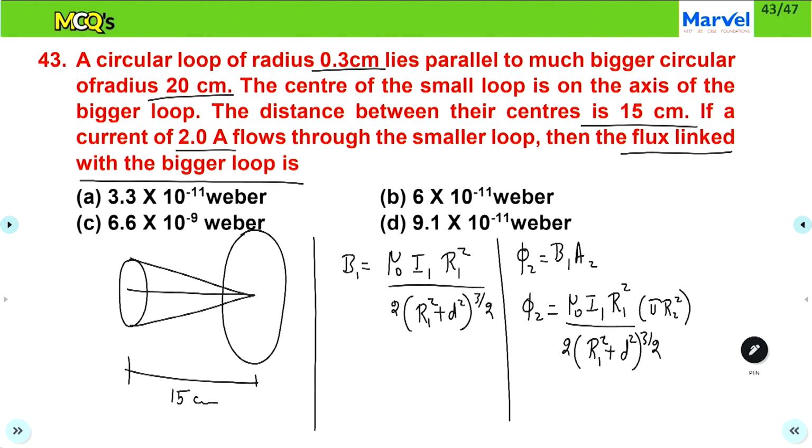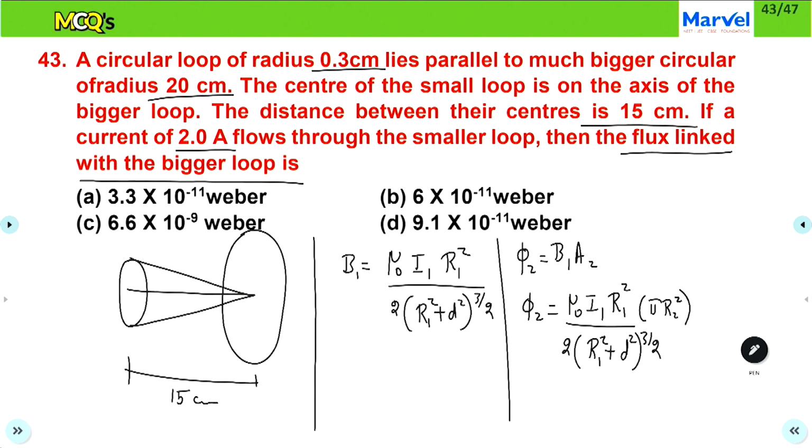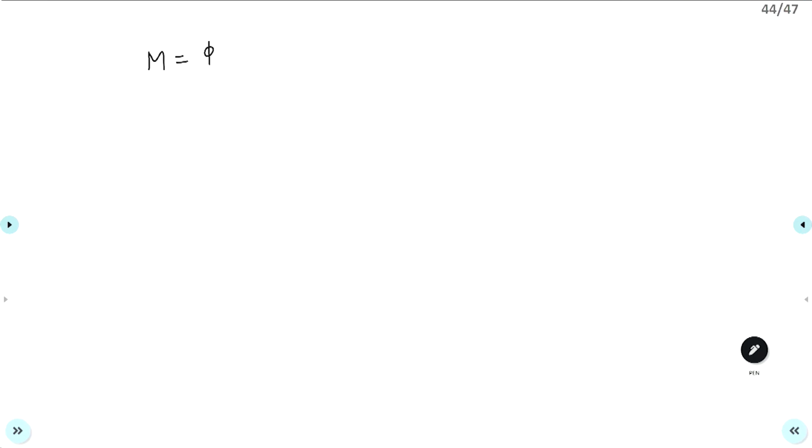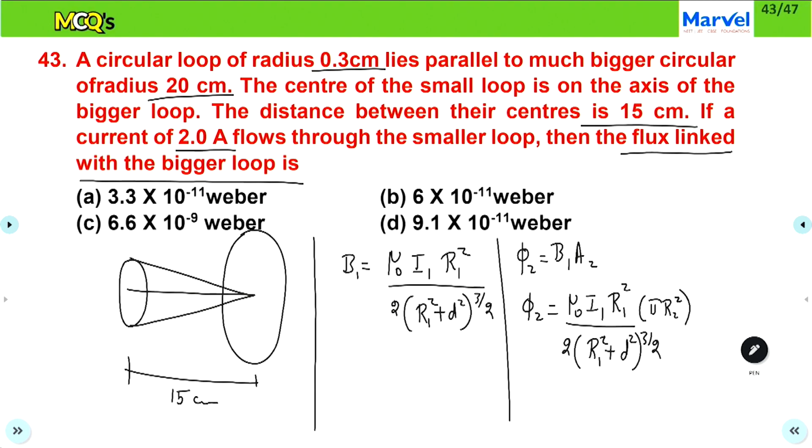Now all we have to do is find the mutual inductance between the two coils, where the mutual inductance M is equal to phi 2 by I1. We already know the value of phi 2, so it is taken from here.